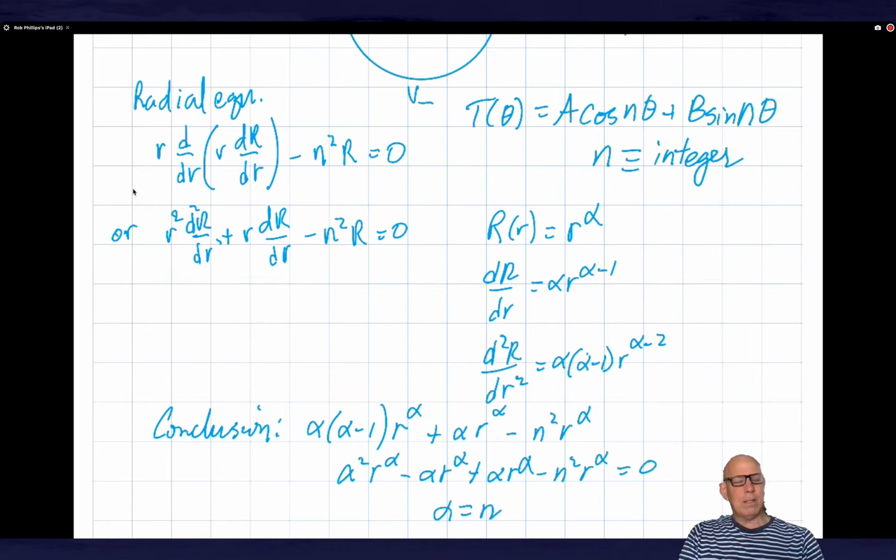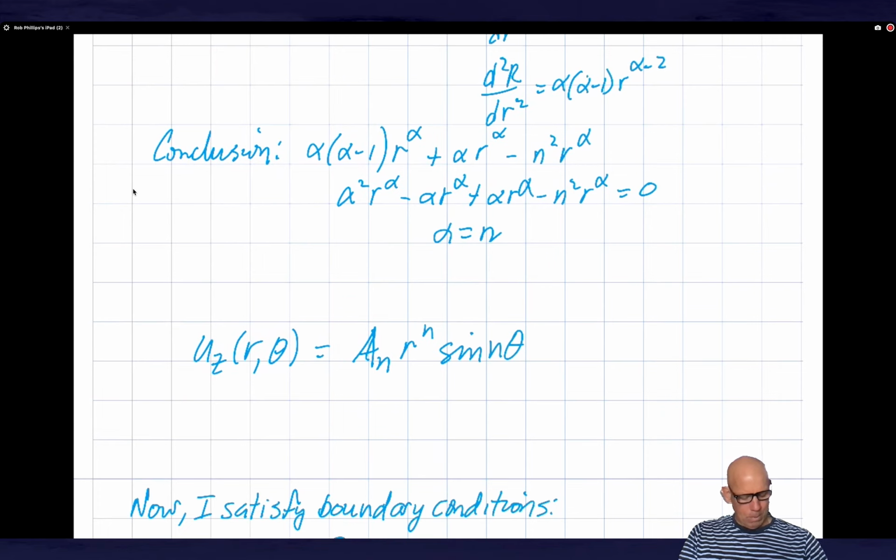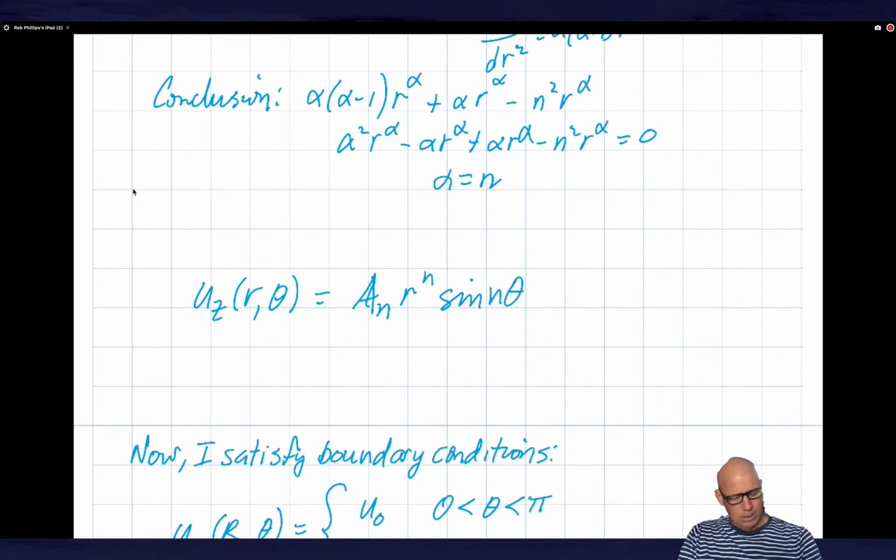So if I were to take a derivative, let's say I have r squared here. Then dr by dr is going to give me an r, but then I multiply that by r, and I'm going to get an r squared. So it's looking like the powers of little r are going to match up if I take a power law. So that's what we do here. And what we find is that alpha, the guess, is equal to n. So here is our solution, right here.